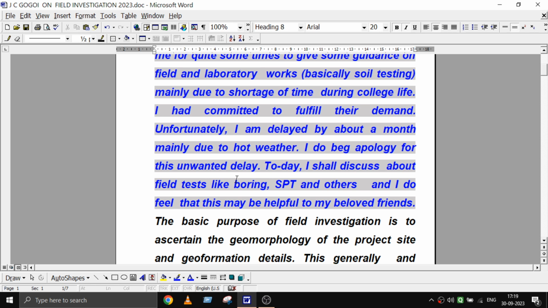So I never say that this test is wrong or this procedure is correct. It is very difficult to be 100% accurate, and as per codes, one shall get everything very correctly.